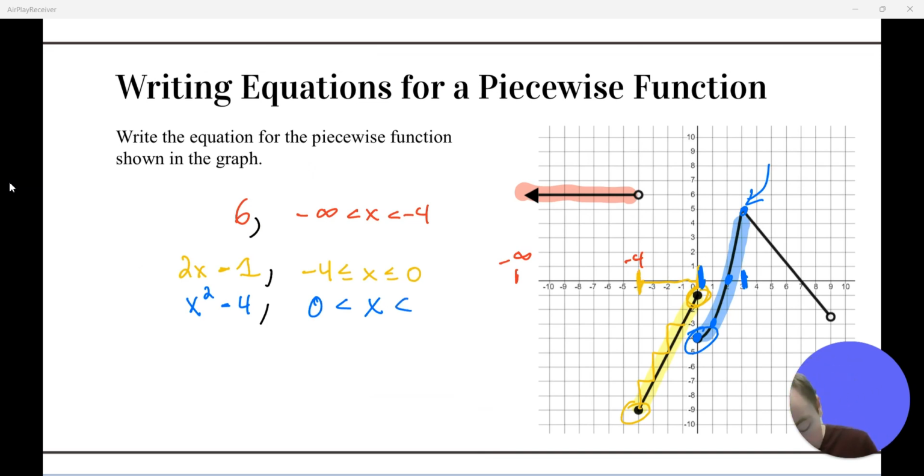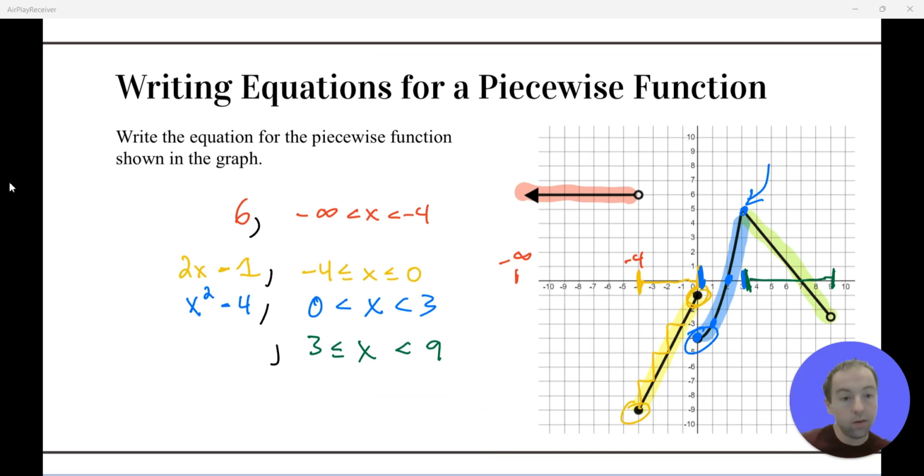So maybe we'll just say it's strictly less than 3 right there. So then when we do this last part of the graph here in the green, I guess we'll just have to make the executive decision to include 3 in the domain right there. So 3 is less than or equal to x. And then it goes basically from 3 until you get to 9 right there, which is strictly less than 9 because it has an empty circle right there.